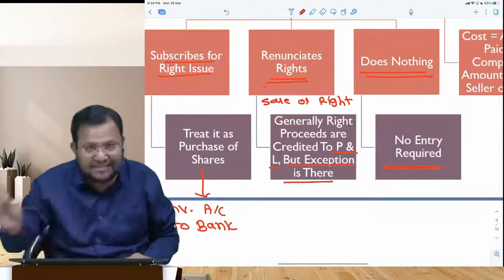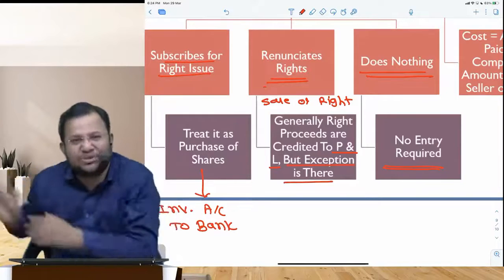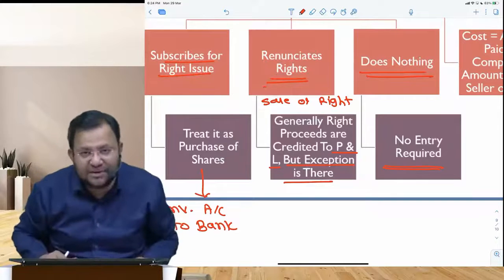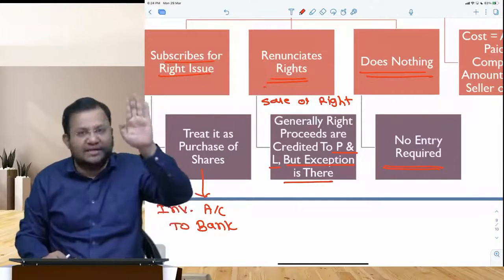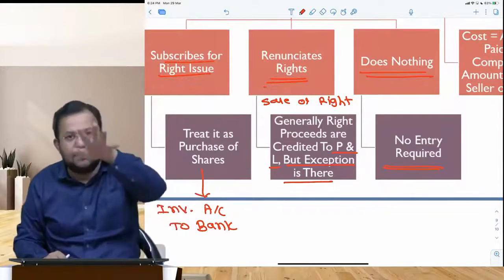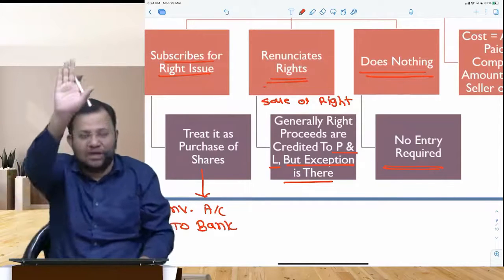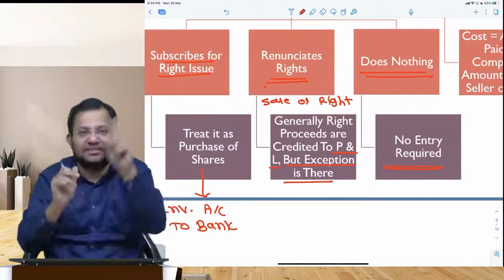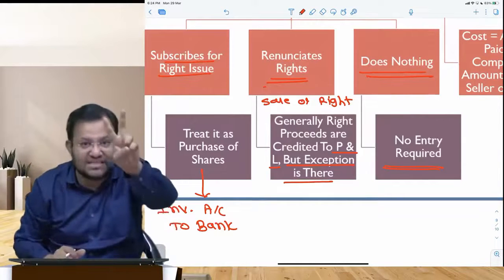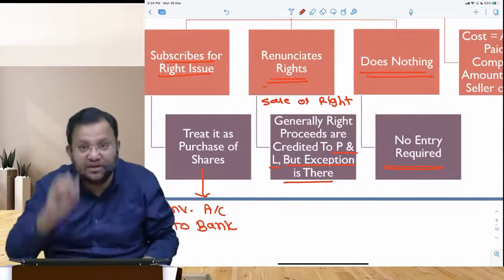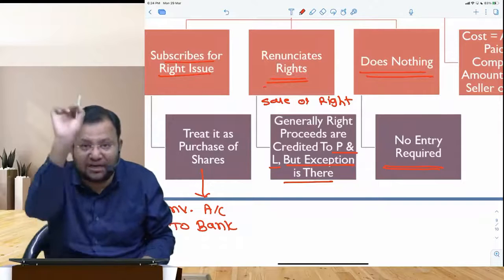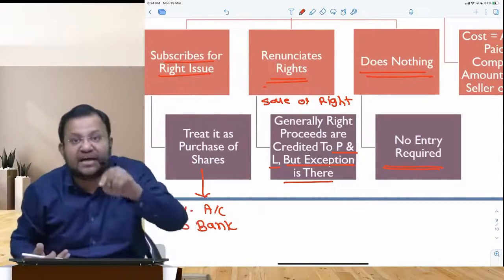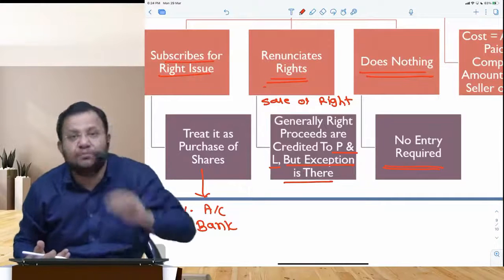But there is some exception. Very, very rare situation that exception comes up. So whenever you prepare an investment account, you have columns like date, particulars, number or face value, amount. Amount is the investment column. And then you have an income column. The income column represents dividend as well as proceeds of sale of right. You should write a note below that the column is an income column. Hence, proceeds of sale of a right are credited to that income column.